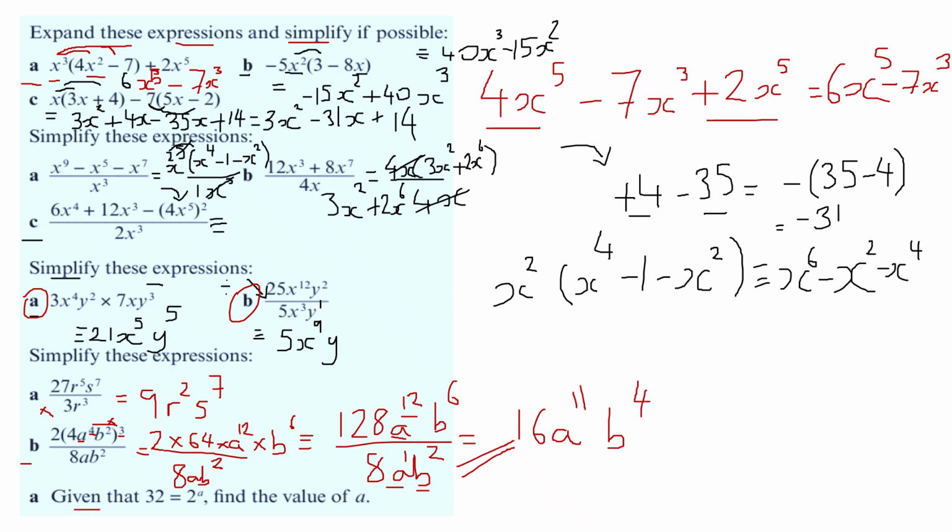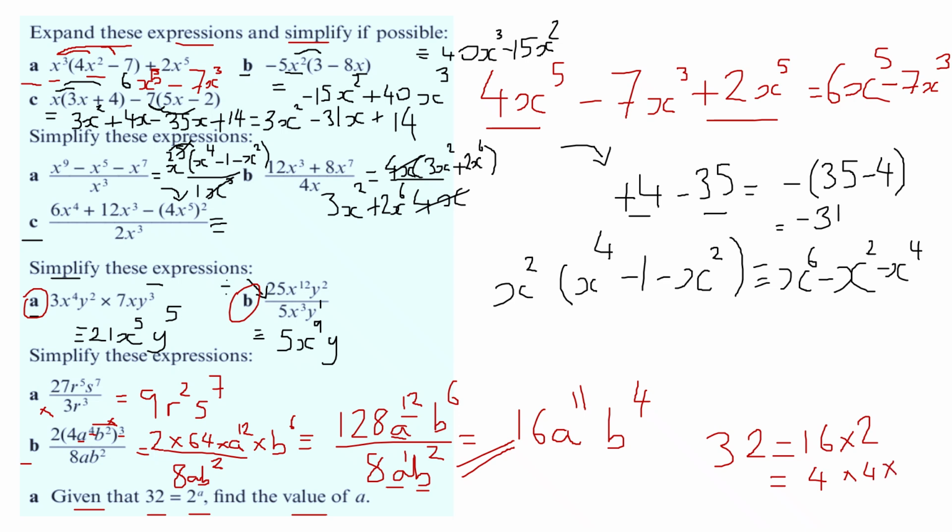Next up, given that 32 is equal to 2 to the power of a, find the value of a. So this is writing 32 as a power of 2. Well, 32 we should know is 16 times 2, and 16 we know is 4 times 4.